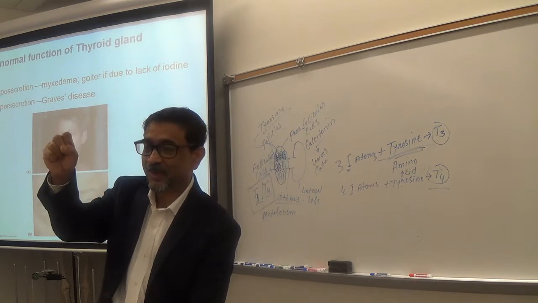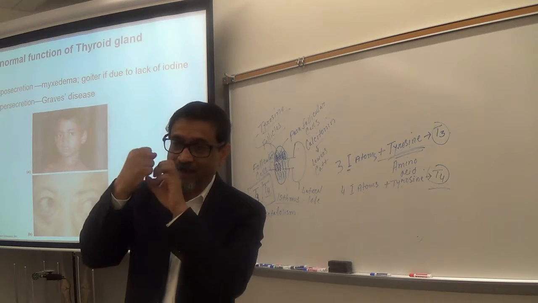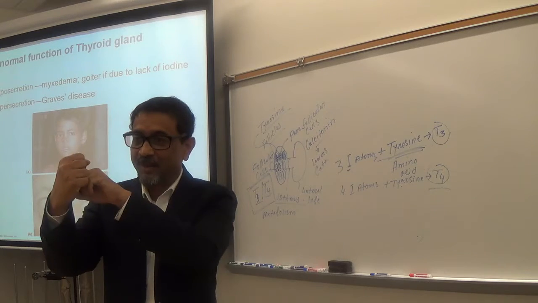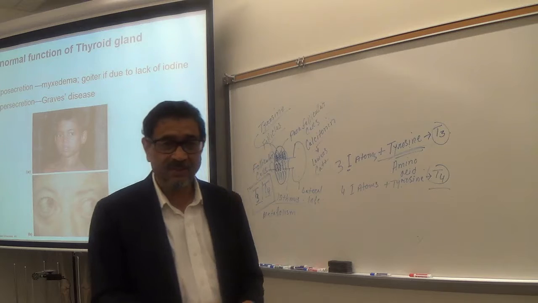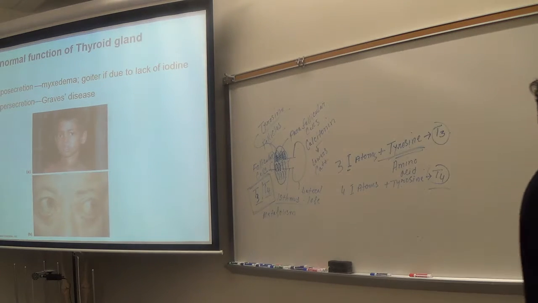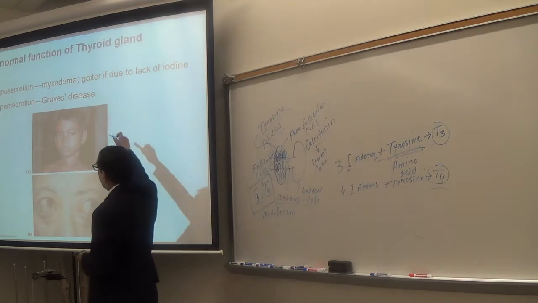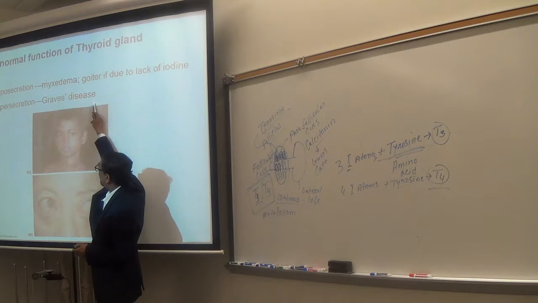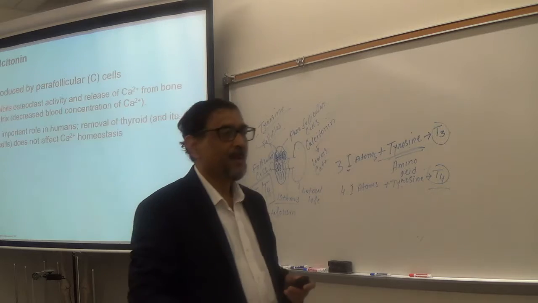Now look at me: if this is your eyeball and more fat accumulates in the back of the eyeball, then what will happen? It will push the eyeball outwards. Make sense? So that's what we see in Graves' disease, a protruded eye, due to accumulation of fat behind the eyeball. All other symptoms of hyperthyroidism are seen here in Graves' disease because it is due to hypersecretion of thyroid. Okay.